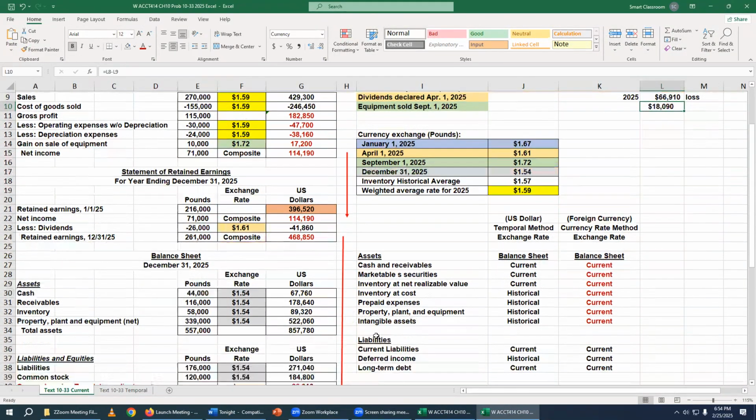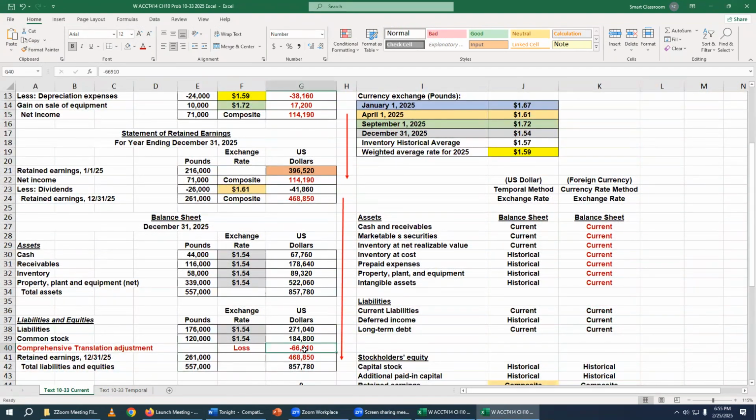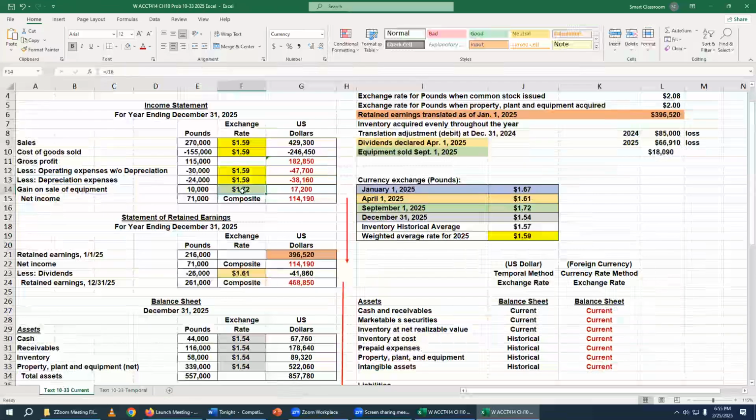Now, it'll still be shown down here like it is to make it balance, that it's a loss of 66,910. But this is a net income statement, not a comprehensive income statement. My comprehensive income statement would show that as a gain of $18,090 because it's actually reduced the loss from one year to the next.